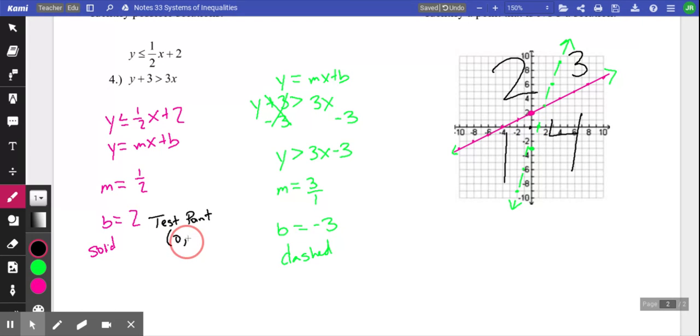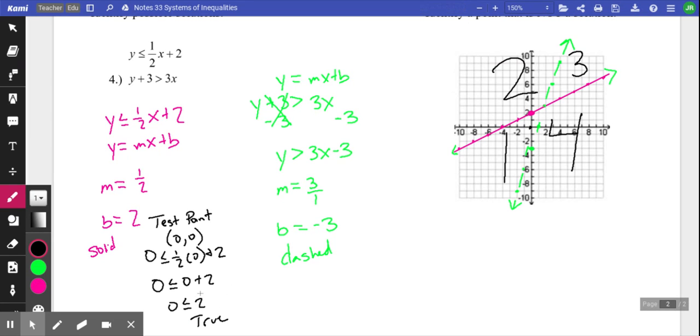All right, so if I plug this into my original inequality, I get 0 is less than or equal to 1/2 times 0 plus 2. So 1/2 times 0 is 0, plus 2. Is 0 less than or equal to 2? True or false? And that one is true. Had it been false, I would have had to change my test point.